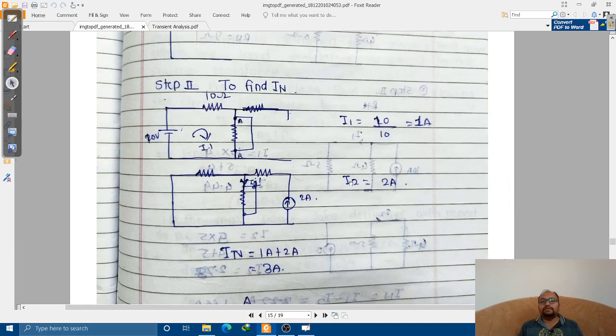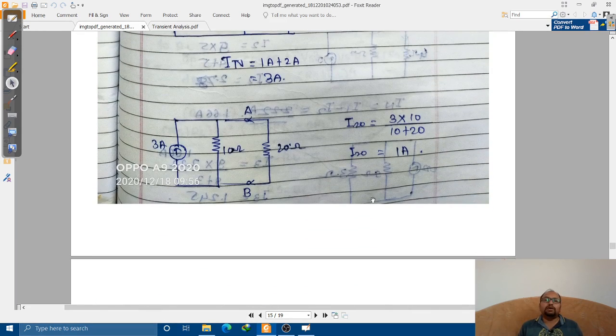Now let us draw the circuit. The final circuit is nothing but IN is 3 ampere, RN is 10 ohm, and finally the disconnected resistor is nothing but the 20 ohm that we have connected right now. Let us find out the current flowing through this by using the current division rule.